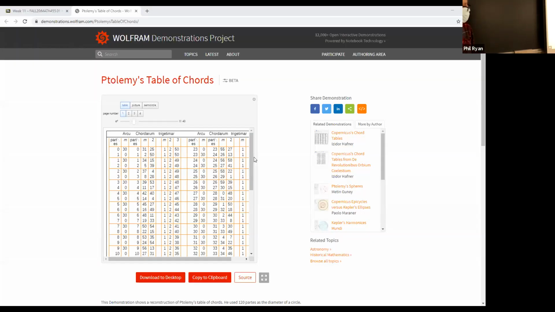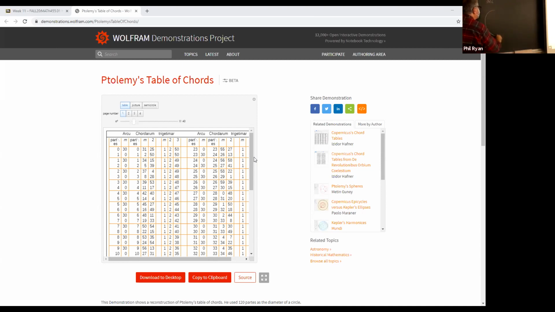Okay. So here is the table of chords. It consists of 3 columns. Here's the first, here's the second, and here's the third. The first column is the arc, and that's in degrees.